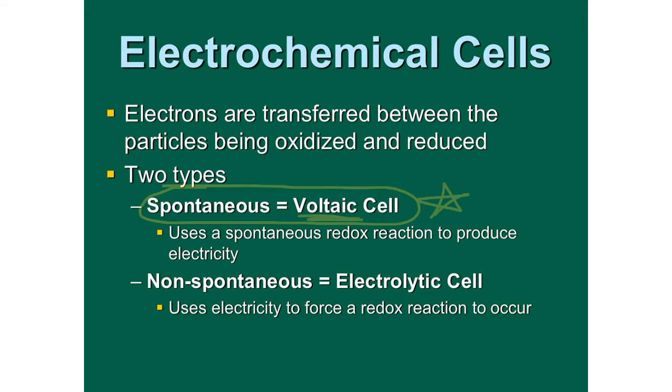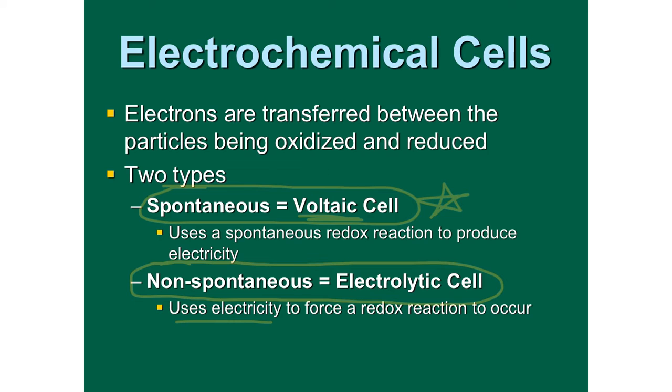Then our other type, we will cover these in more detail in the following video, have a non-spontaneous reaction, and those are electrolytic cells. They use electricity to force a redox reaction to occur. So spontaneous, voltaic, produces volts of electricity spontaneously, and non-spontaneous is our electrolytic cell.